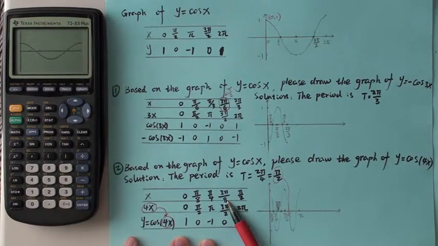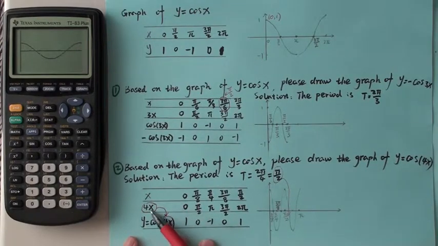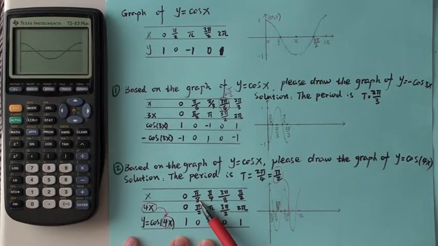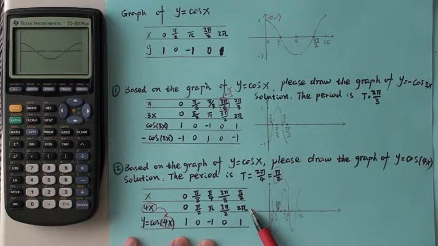Now you see when you plug in x here, each x is multiplied by 4. So when x is one of those 5 values, each value times 4: 0 times 4 is 0, pi over 8 times 4 is pi over 2, pi over 4 times 4 is pi, 3 pi over 8 times 4 is 3 pi over 2, and pi over 2 times 4 is 2 pi.